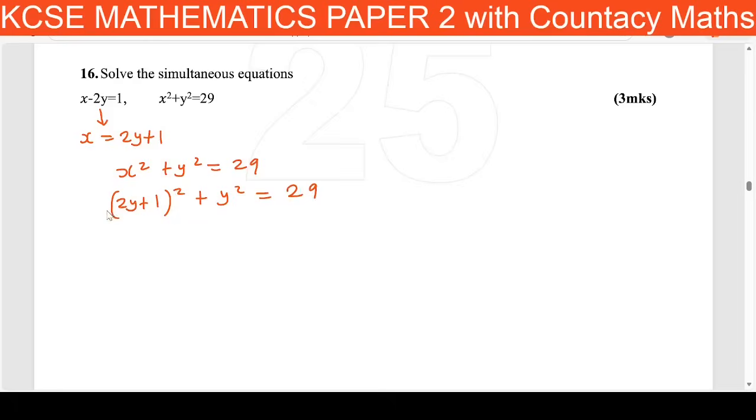Remember how we open the brackets? We square what we have here, 2y. We square the whole of this. 2 squared, that is 4, and y squared is y squared. Therefore, we get 4y squared. And then we have plus this other figure, 1. We square that, we get 1.